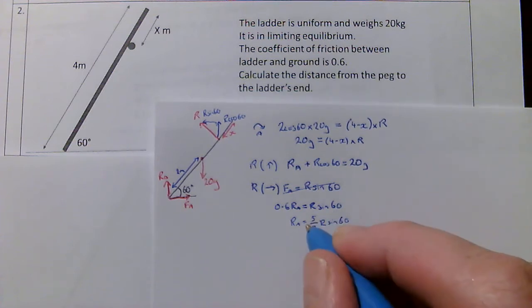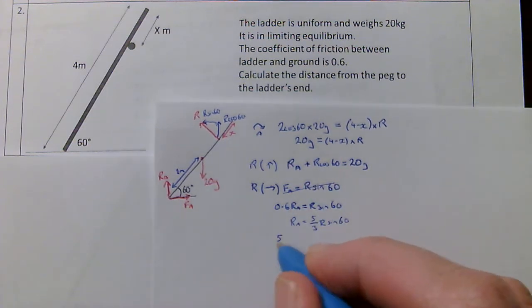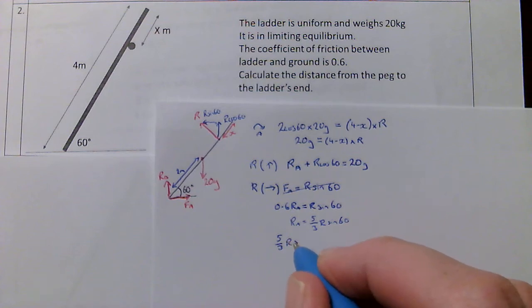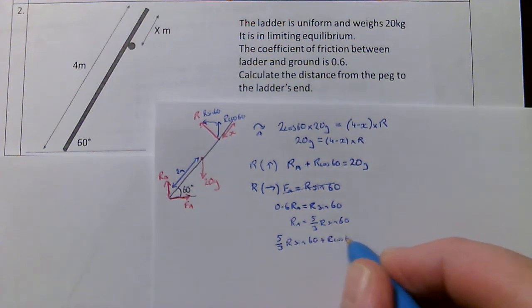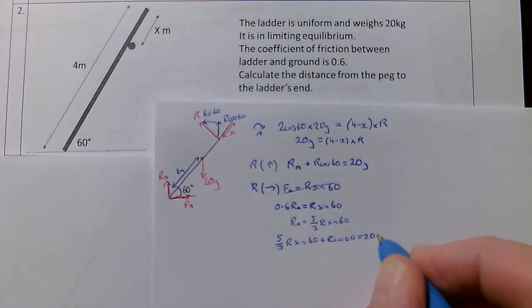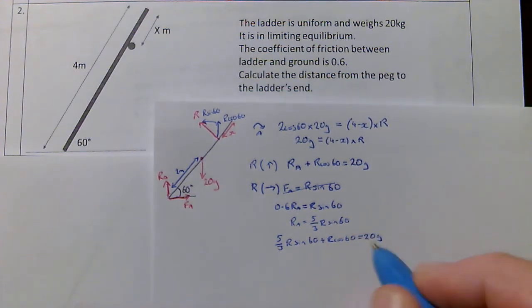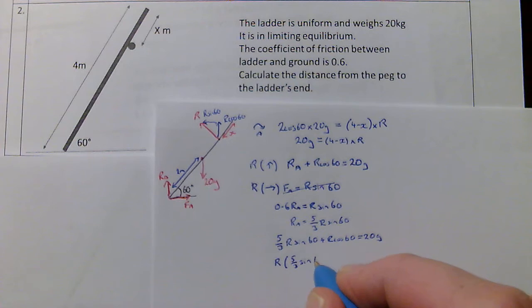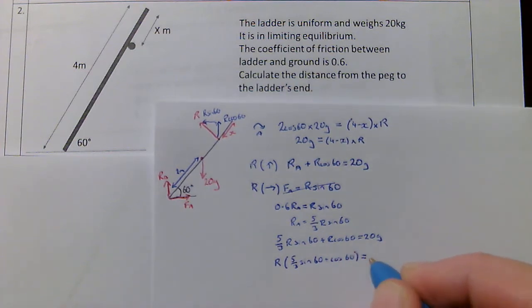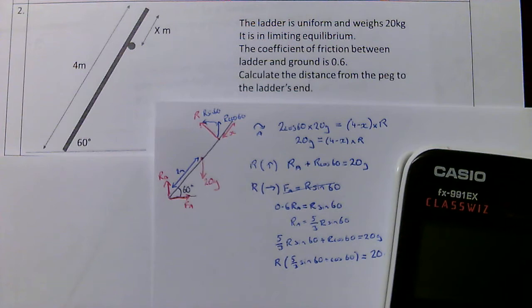And now I can substitute that into here, and I've got 5 over 3 R sin 60 plus R cos 60 equals 20g. And this looks rather nice. So I've got R lots of 5 over 3 sin 60 plus cos 60 equals 20g. Let's just work out what 5 over 3 sin 60 plus cos 60 is.